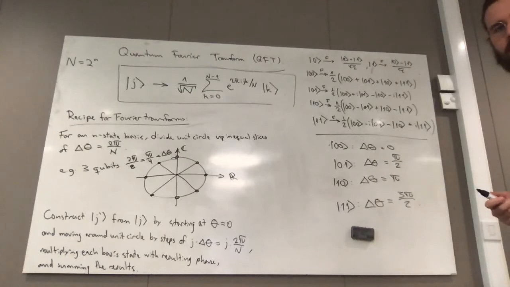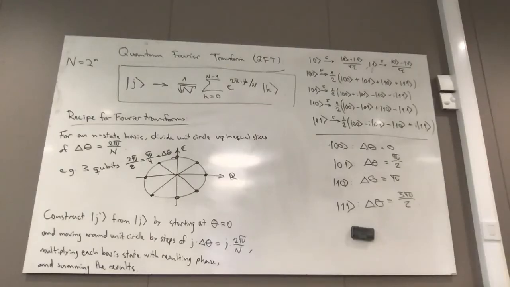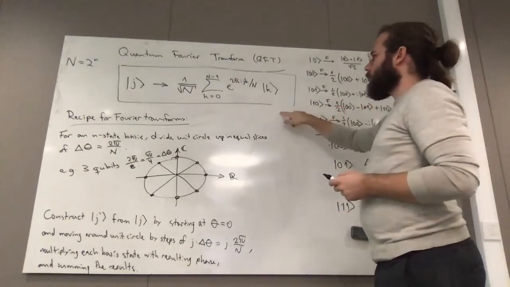Can you read what I'm writing? Yes. But maybe I'm not really following your logic, but is that just by definition? This is by observation, more or less. But this is definition, right? Because how you get delta theta actually follows the definition.